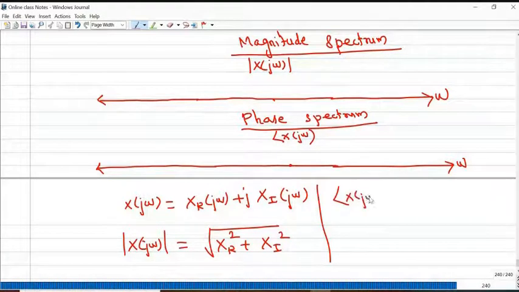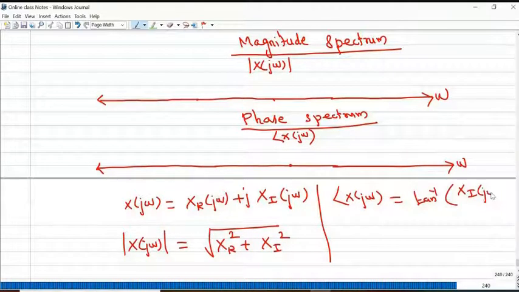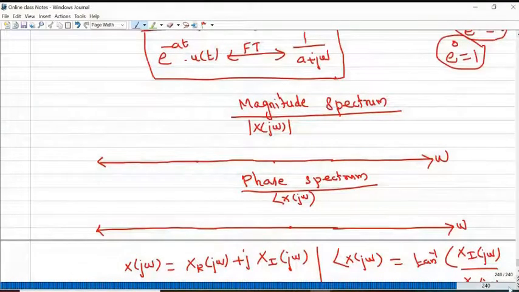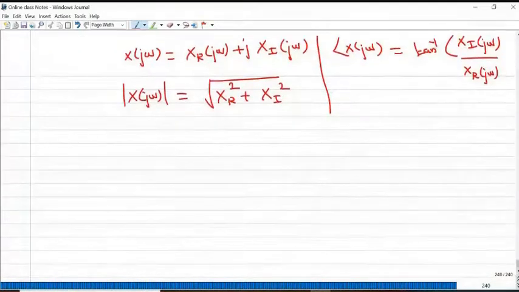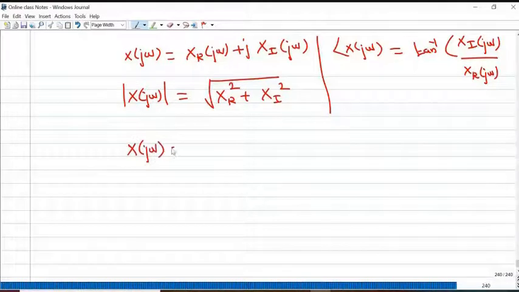Angle of X of j omega is tan inverse of imaginary part divided by real part. So what is the result in this particular example? X of j omega, we got 1 divided by a plus j omega.